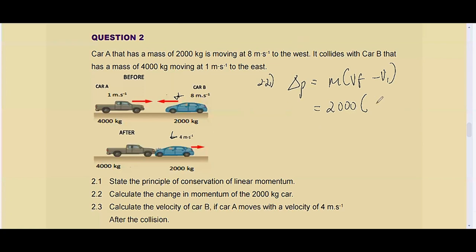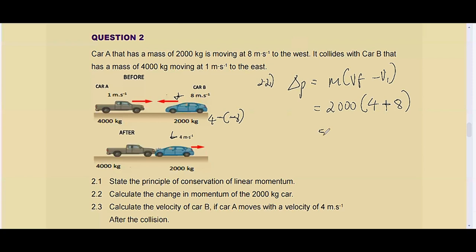And then our final velocity, look at this, it's going east. So that's 4. But then the 8, it's going to the west direction. So that's minus 8, right? So that's 4 minus minus 8. That's plus 8 at the end of the day. Negative and negative is a positive.